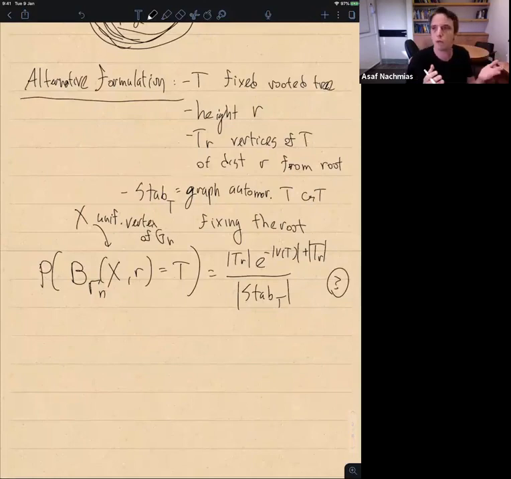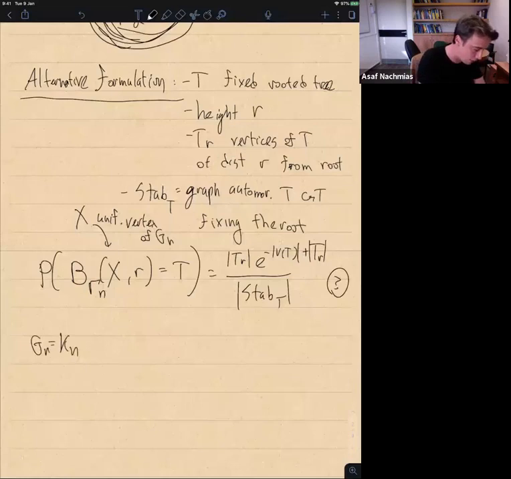Let me just say some words of history. For the particular case when G_n is K_n, this is a very classical, beautiful theorem due to Geoffrey Grimmett, from, I forget if it's from 80 or 81. This is what he proved: when you look at the complete graph, the tree that you're choosing is just a uniformly chosen labeled tree on n vertices from the set of n to the power n minus 2 trees that you have, right?